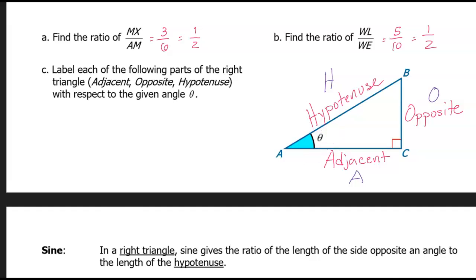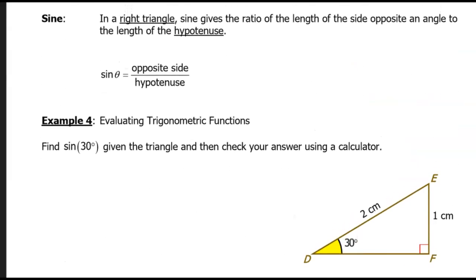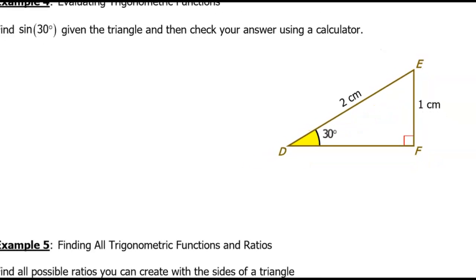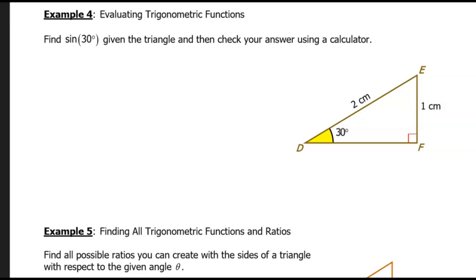Okay, so now let's practice using sine. Sine is always the ratio of the opposite side over the hypotenuse. So, in this example 4, we're trying to find the sine of 30. That 1 centimeter side, what side length is that? Our H, O, or A?